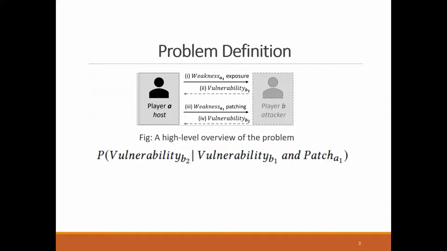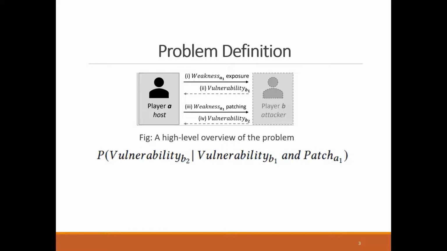We can see from this picture our problem definition. This whole attack and defense can be imagined using a chess game. When player A plays some move, some weaknesses or vulnerability might be exposed, and the attacker tries to exploit vulnerability B1.